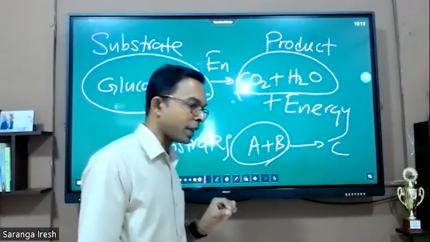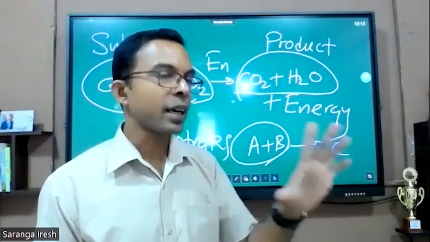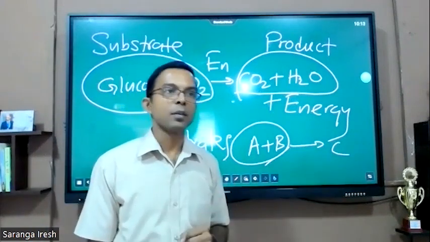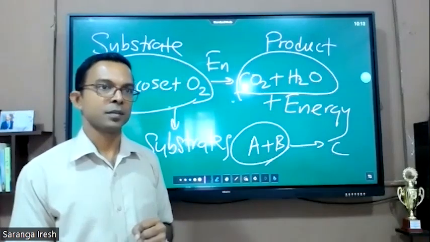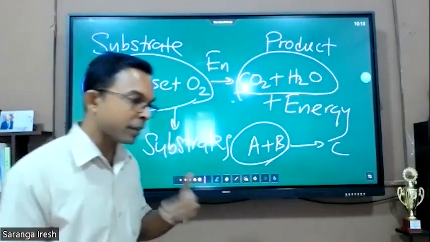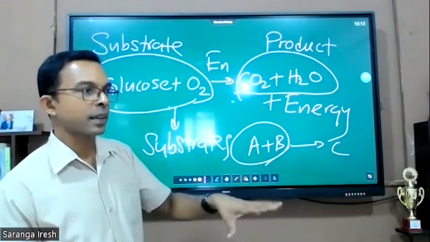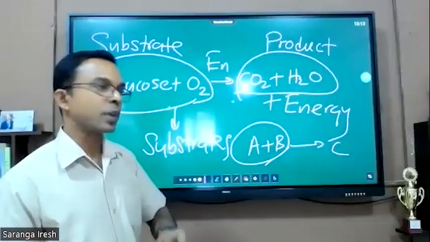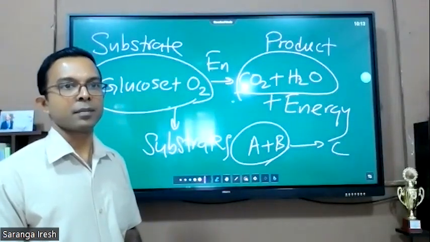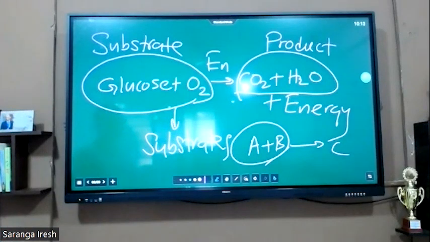So we need a very small amount of enzyme to carry out a particular reaction, because it can be reused. The same enzyme can be reused after one reaction, starting another reaction to catalyze the process. That is about the enzymes.